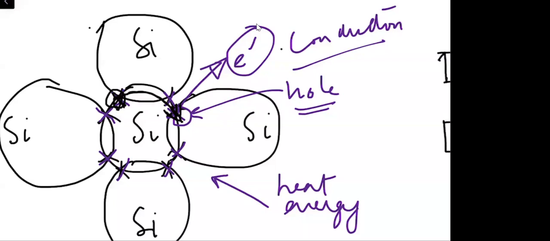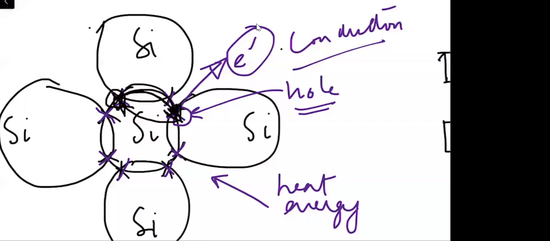So whenever the electron in the valence band leaves its place and occupies the hole which was created due to the electron hole pair creation, now you see the electron moves from here to here and the hole is moving in the opposite direction, right?